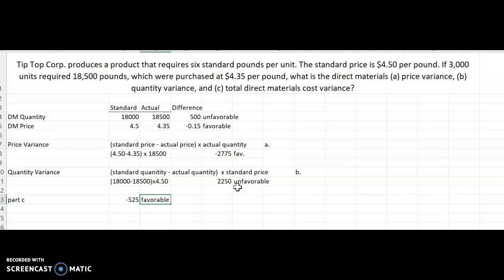It could be saying, hey, you're paying less money than you thought, but maybe you're getting substandard material, maybe you're getting poor material that shreds more easily and creates more waste. So the manager can take this information and figure out what's happening and make changes if necessary.